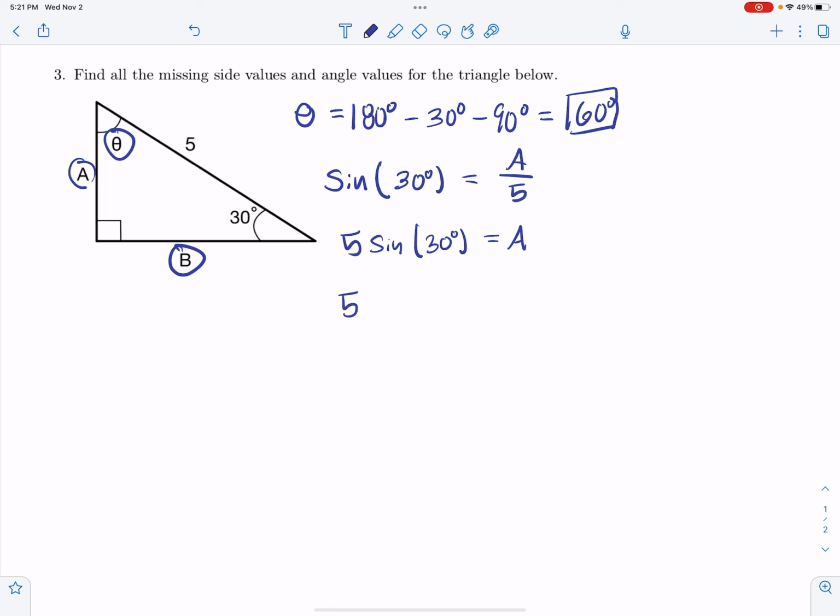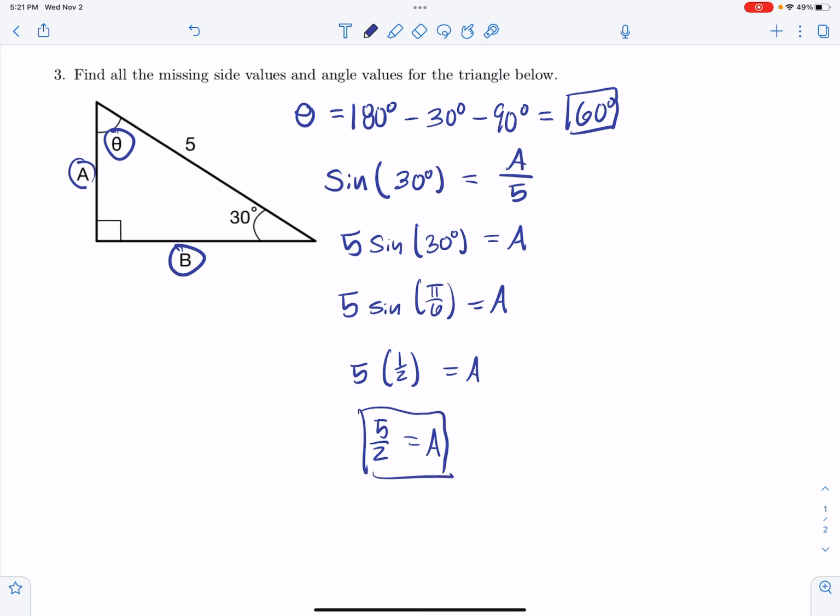So we get 5 sine of pi over 6 equals A. And then you can use your unit circle to know that sine of pi over 6 is 1/2. So we get 5 times 1/2 equals A. And then you can reduce that to 5 over 2 equals A. So that's how we get A.